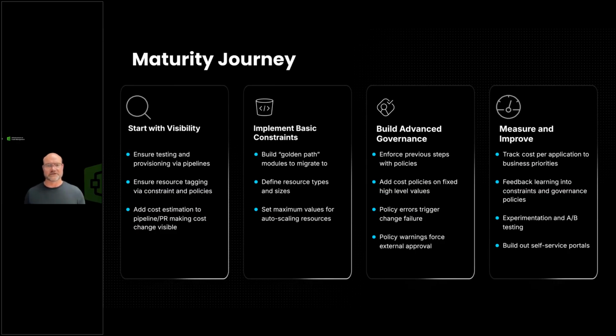The next side down is then governance, and I guess I overlapped a little bit there. Building out those pipelines that people make use of, ensuring the previous steps that we just mentioned with policies. We also recommend that you build in some sort of cost policies with that.